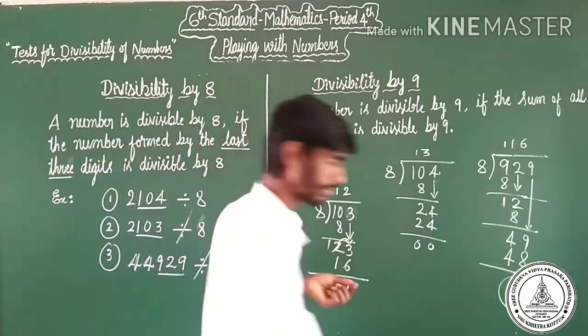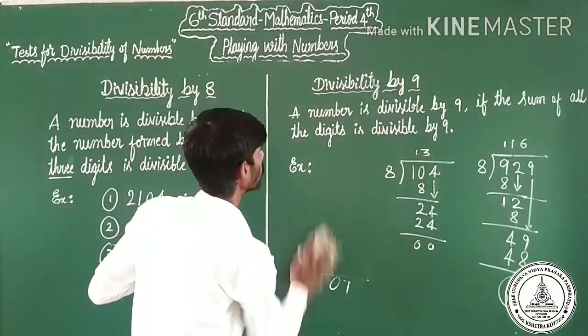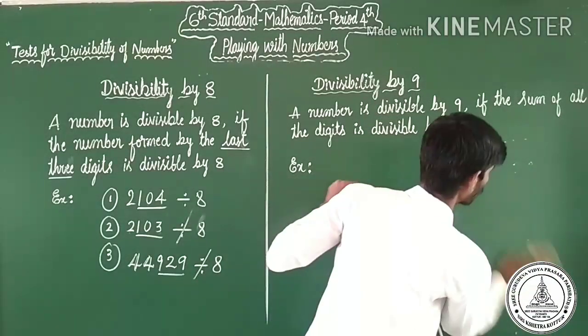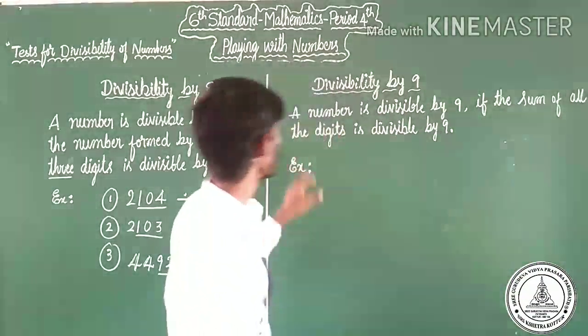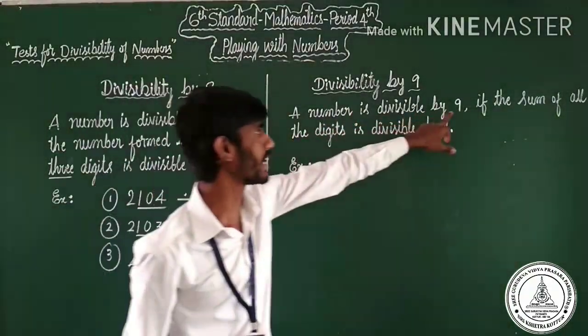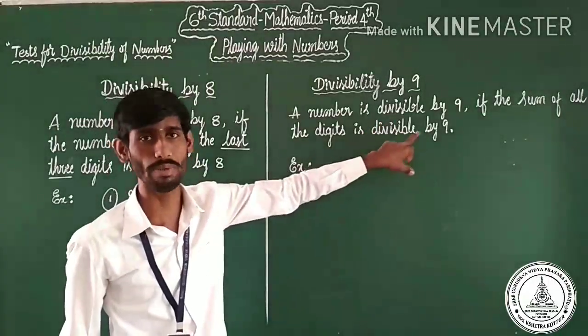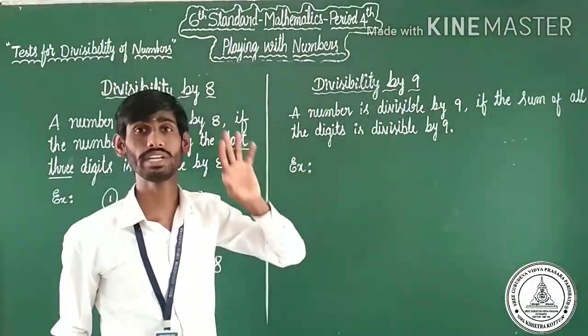Okay, let us move from divisibility by 8 to divisibility by 9. Choto, observe here, a number is divisible by 9 if the sum of all the digits is divisible by 9, like divisibility by 3.